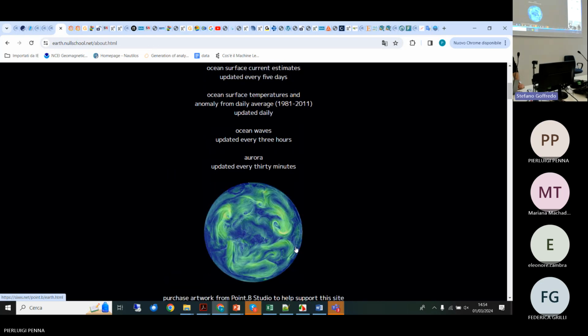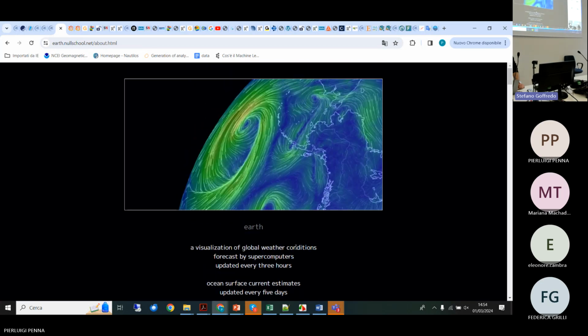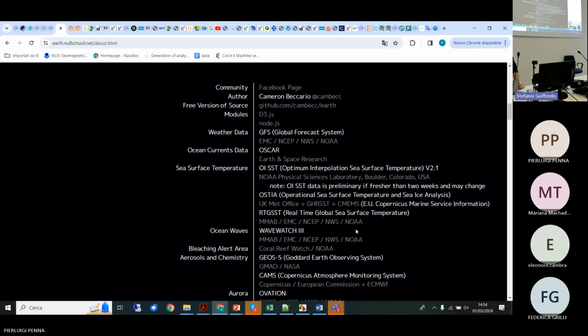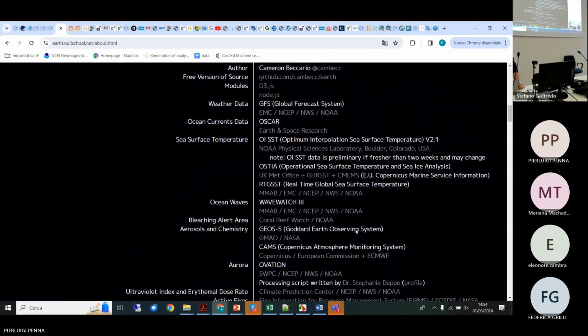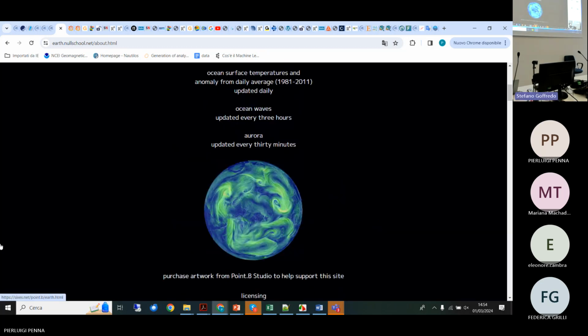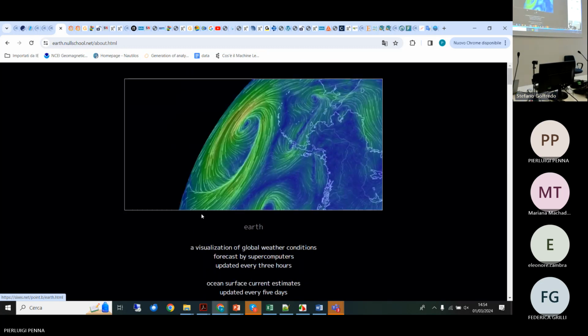The author is, I don't remember, Cameron Beccario. He made a JavaScript filter in order to visualize public data. So it's possible to use and download it.